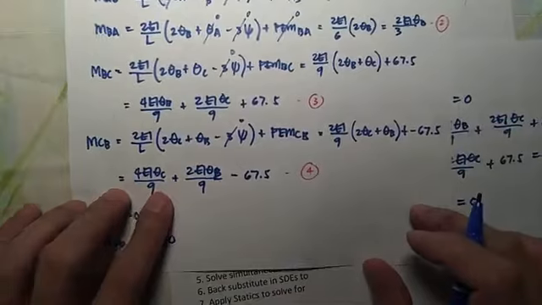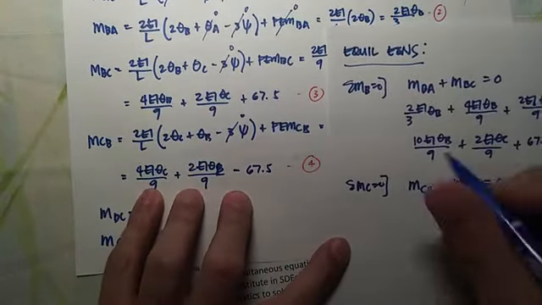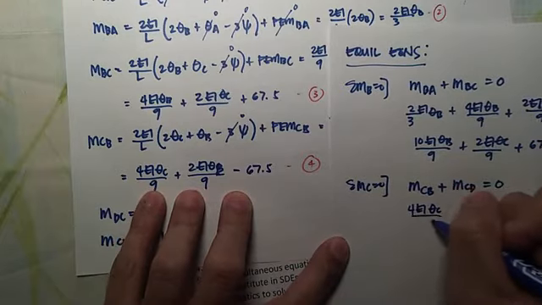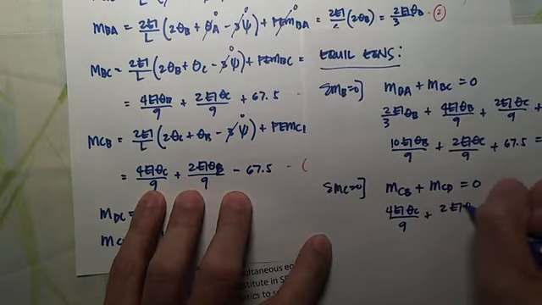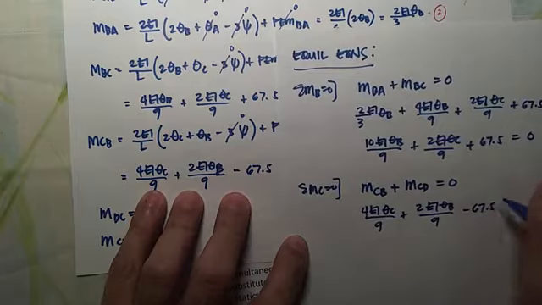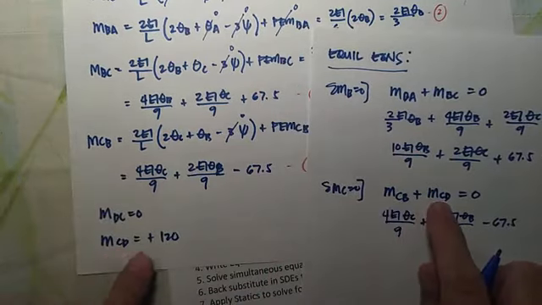Ito yung CB natin. So, kokopyahin ko lang yung CB. 4 EI theta C over 9 plus 2 EI theta B over 9 minus 67.5, yan yung MCB. Plus MCD. MCD natin is 120.